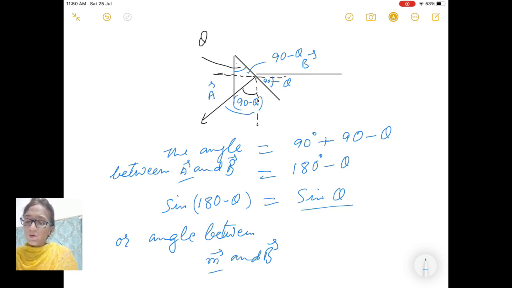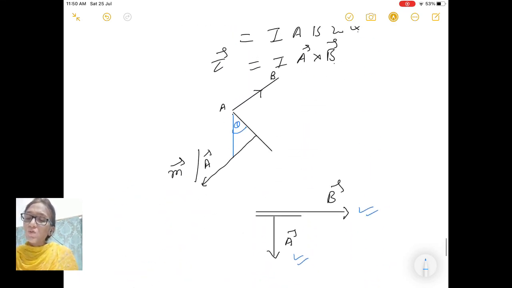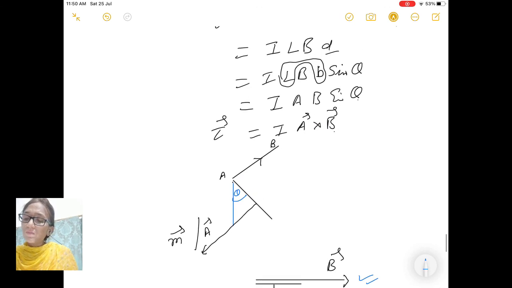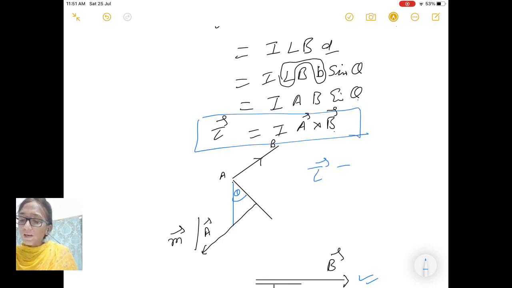So the sine of the angle is equal to sine theta. So from this equation, the angle between A and B gives sine theta only. Therefore torque is equal to IA cross B, and it can also be written in terms of magnetic moment. When you combine the two, I and A, it is equal to M cross B.